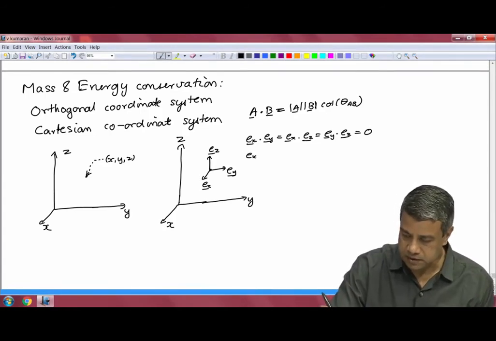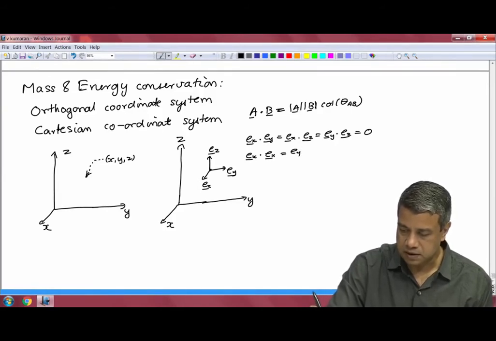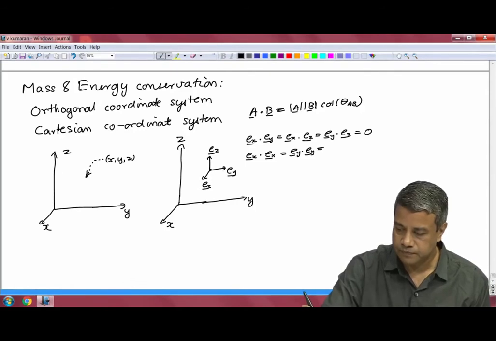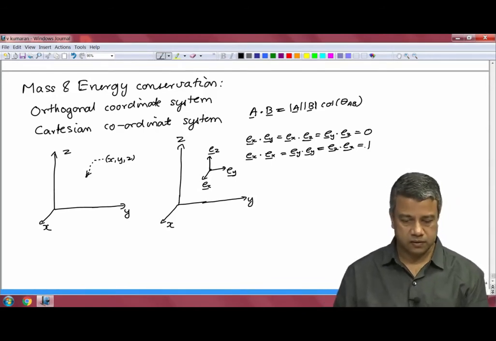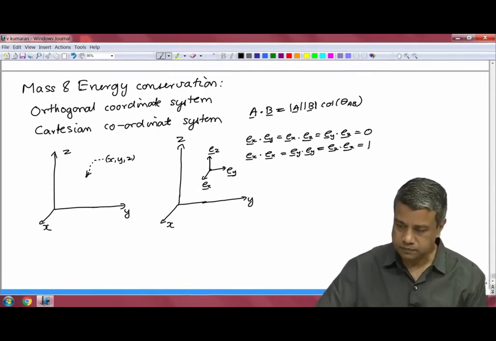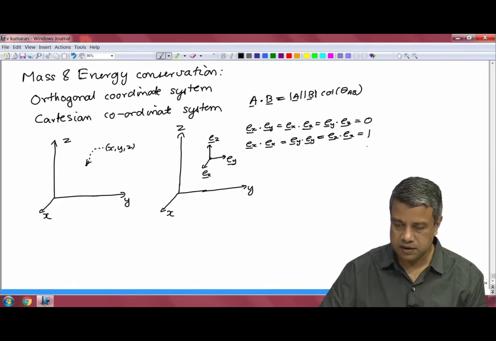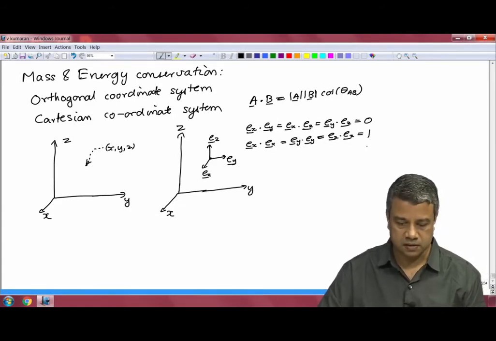The dot product of the same unit vector with itself has to be equal to 1, since it has unit magnitude. So, those are the coordinates and the unit vectors for a Cartesian coordinate system.